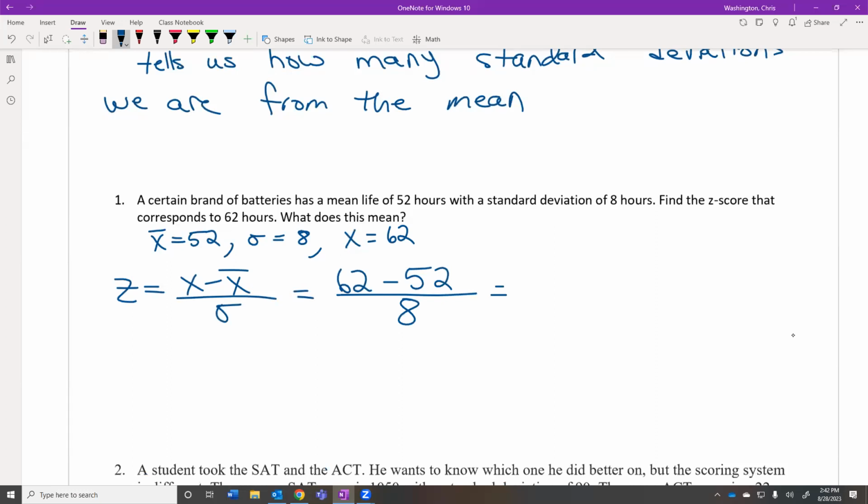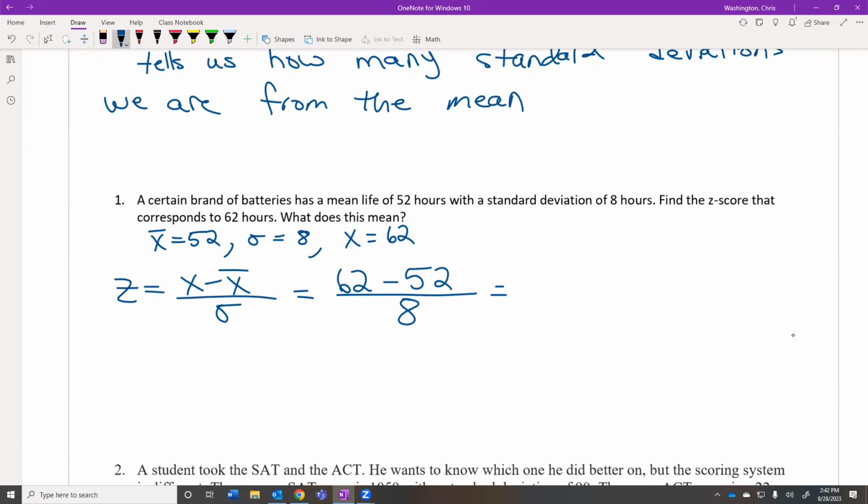So if you think about this, how far is 62 away from 52? 10, right? But in terms of standard deviations, one standard deviation is 8. So if we're 10 away, that's a little bit more than one standard deviation. So my z-score should be 1 point something. If we were 16 away, my z-score would be 2, because that would be 2 standard deviations away.